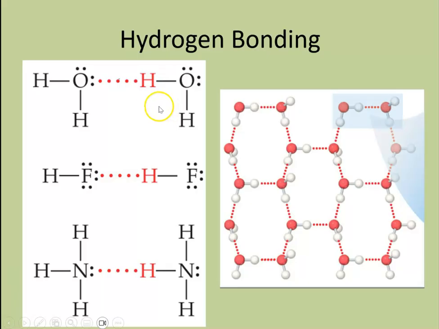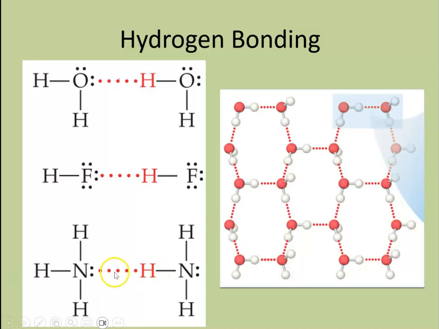I want to make sure I make clear what hydrogen bonding is and is not. The red dots are the hydrogen bond. The hydrogen bond is not the covalent bond between a nitrogen and a hydrogen atom in the same molecule.